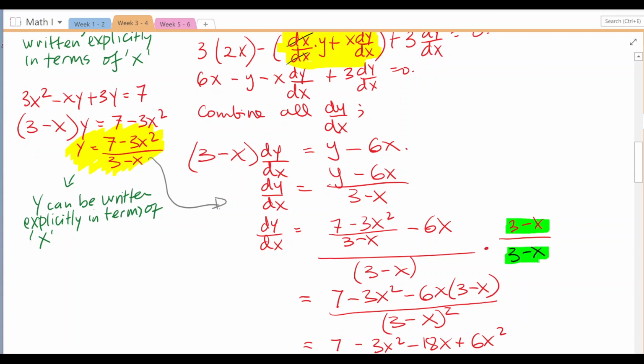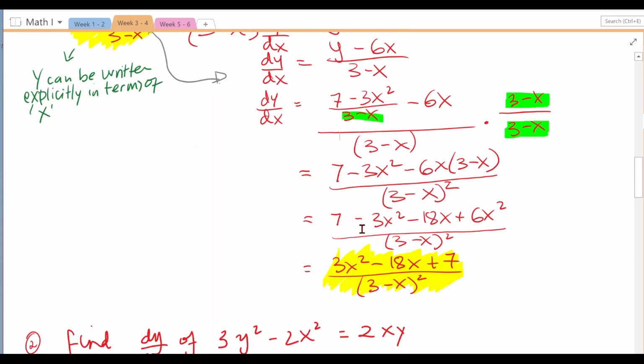The reason for doing that is because we want to get rid of this part here. So by multiplying with 3 minus x, we simplify the problem into 7 minus 3x squared, minus 6x times 3 minus x, and then the denominator 3 minus x becomes 3 minus x squared.